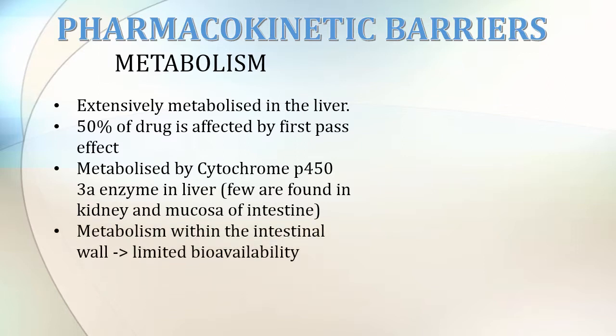Although most of the cytochrome P450 enzyme is in the liver, there are some in lesser amounts found in the kidney and the mucosa of the intestine. So this gives rise to another barrier, as it suggests that metabolism within the intestinal cell wall also contributes to cyclosporin's very limited oral bioavailability.